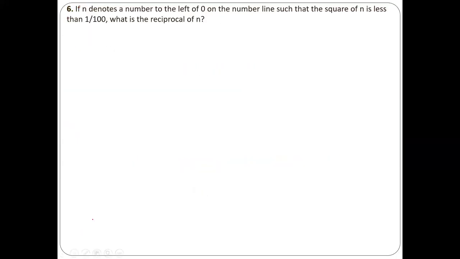This is again quite a tough question. It's a very classical GMAT inequalities question, so I'll give you guys 5 minutes for this. If n denotes a number to the left of 0 on the number line, such that square of n is less than 1 by 100, what's the reciprocal of n?